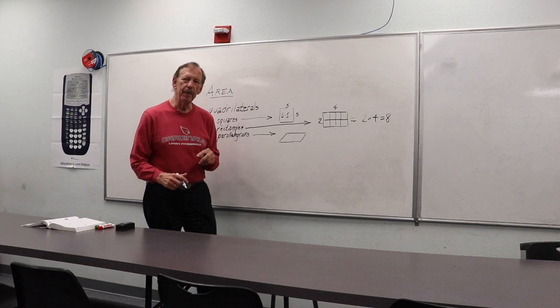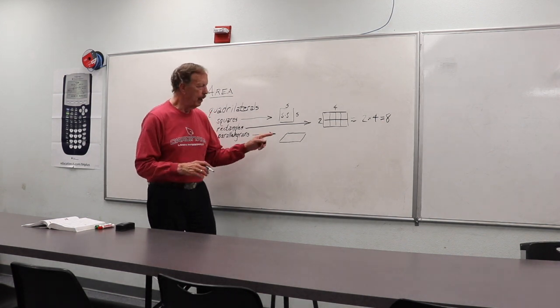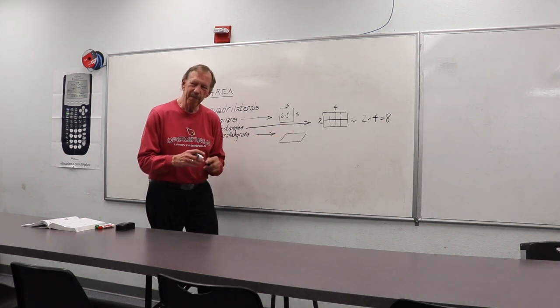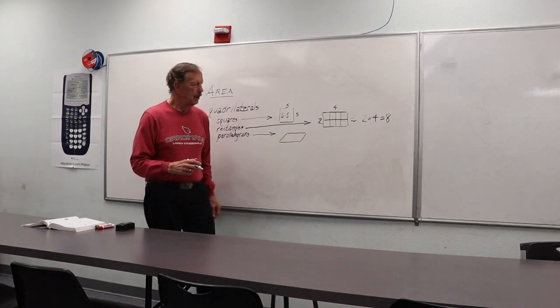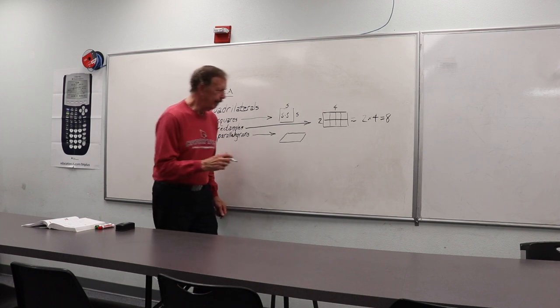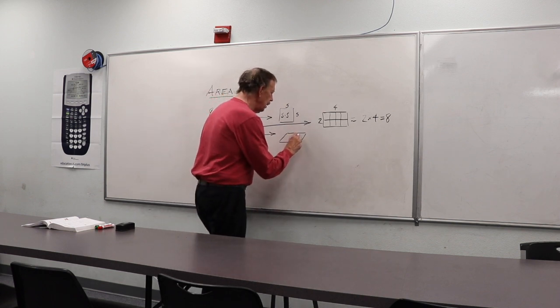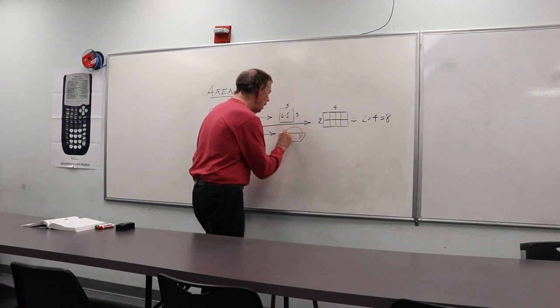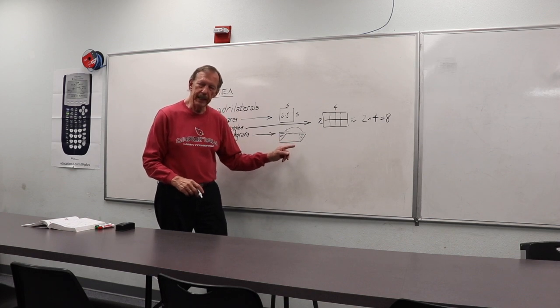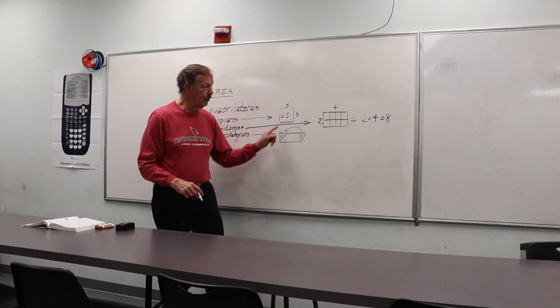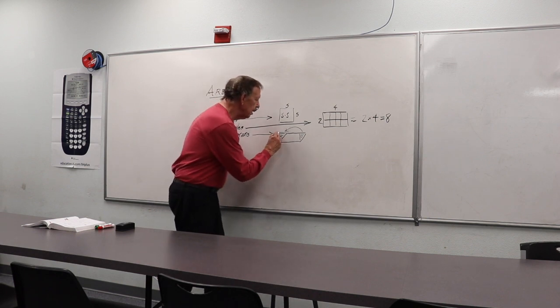In a parallelogram, we have a slightly different problem. There's angles here, and we can't fit square tiles into the shape unless we do something sneaky. If you can see in your mind that if we move this piece over here, we have a rectangle.